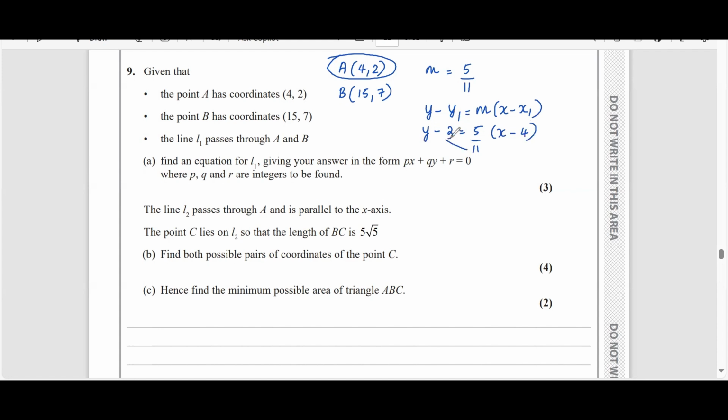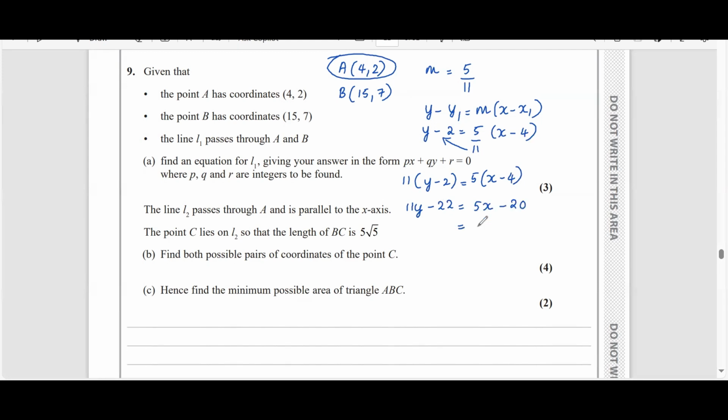So y1 is 2, m is 5 over 11, and x1 is 4. Cross multiply, and you will get 11 into (y minus 2) equals 5 into (x minus 4). Expanding the bracket, I get 11y minus 22 equals 5x minus 20.